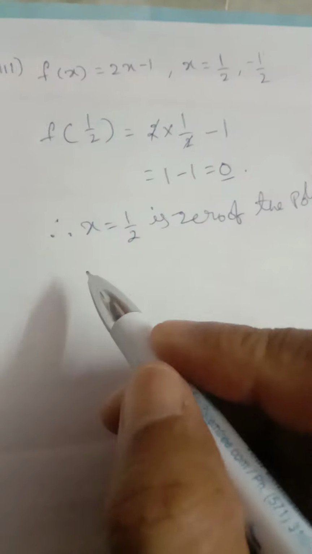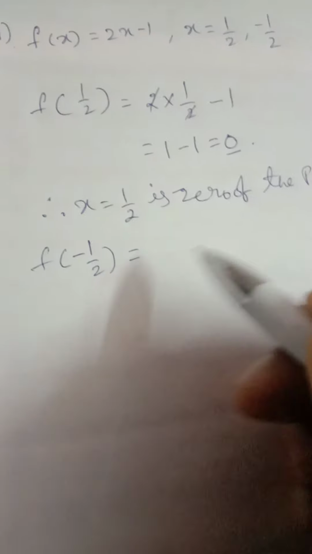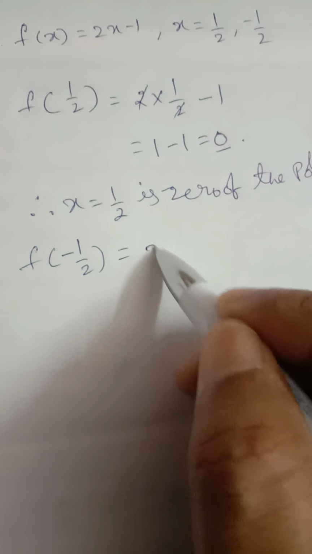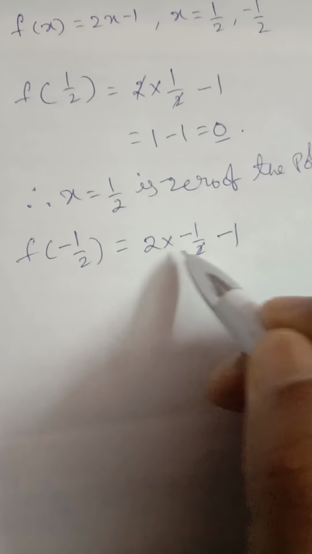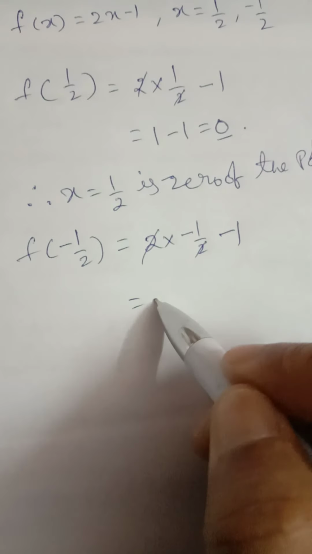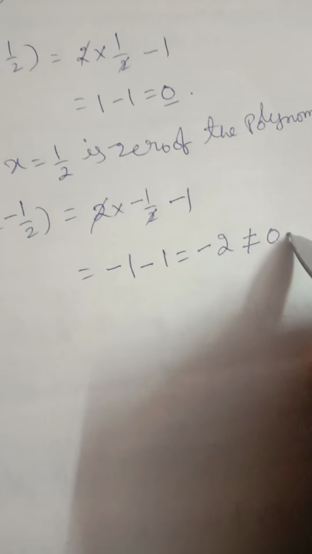Next, f of minus 1 by 2. F of minus 1 by 2 is equal to 2 into minus 1 by 2 minus 1. 2, 2 cancel. Minus 1 is equal to minus 2. Minus 2 is not equal to 0.